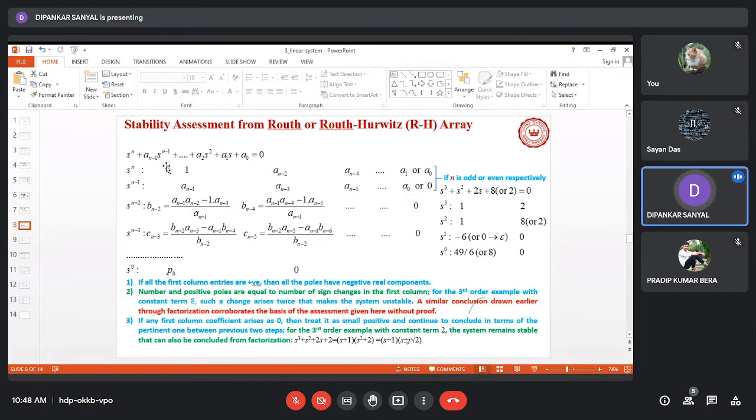So in this way, after we complete construction of the first 2 lines, the third line is obtained in this way. We multiply this into this, minus this into this, and divide by this. For the second coefficient, we multiply this with this, minus this, and divide by the same coefficient.